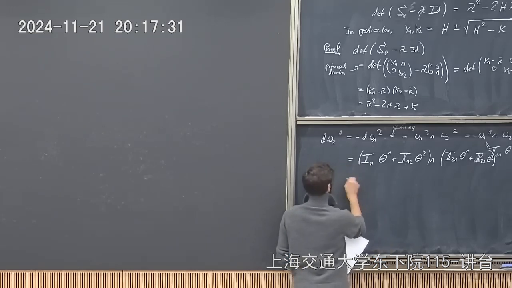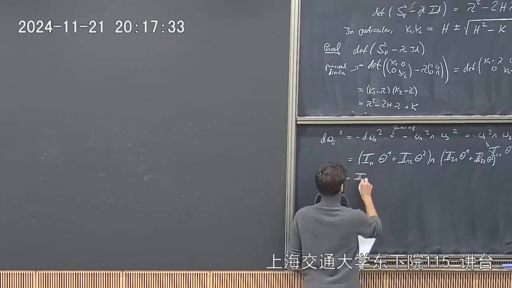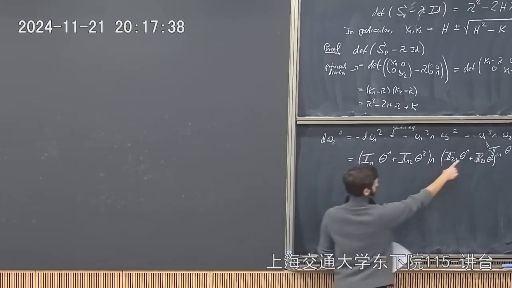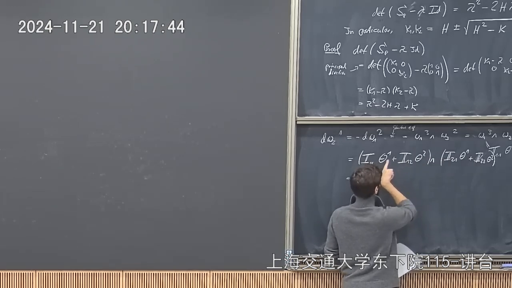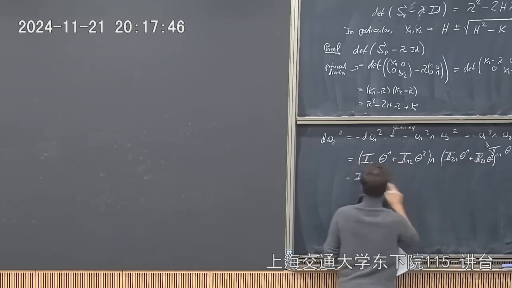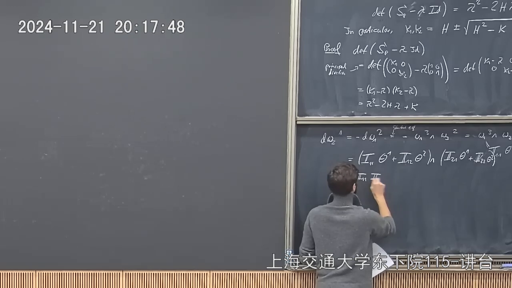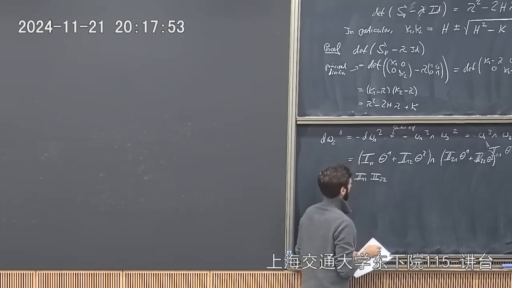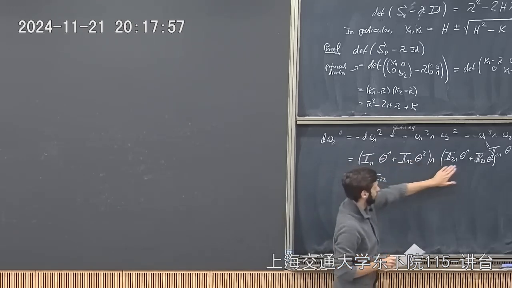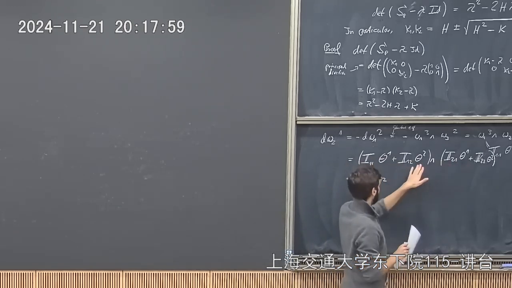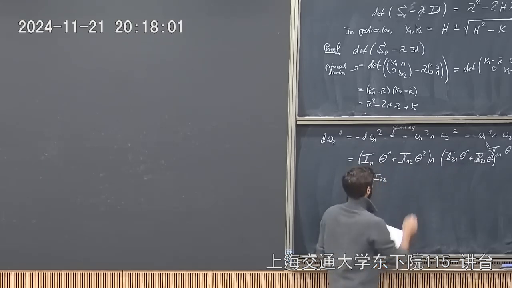So what we get is this one hits, if it hits another theta 1, theta 1 wedge theta 1 is 0. So the only expression we get is theta 1 hitting theta 2. In this case we get the prefactors multiplied, and then we get a second term which has theta 2 hitting theta 1, but these ones are in a different order, so we get it with a minus sign.